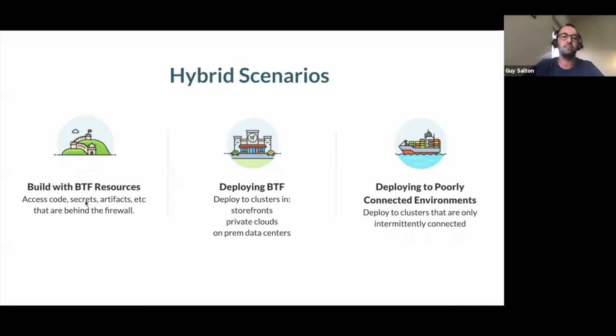So let's say you need to access any secrets, artifacts. The actual source code might be behind the firewall, and you need to access it as part of your CI/CD pipelines. Also for deploying behind the firewall, right? So sometimes you would have Kubernetes clusters, VMs that are not publicly accessible, and if you want to be able to deploy applications to these clusters, you need to be able to access them behind the firewall.